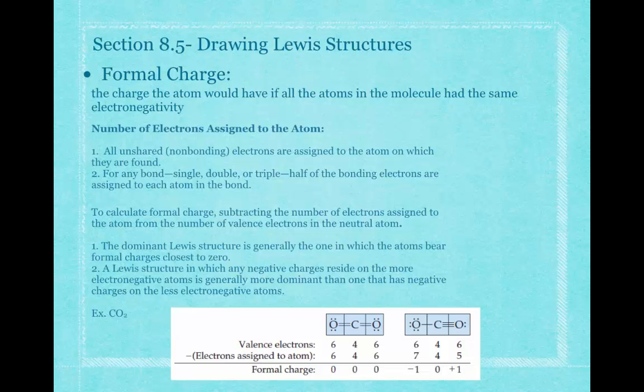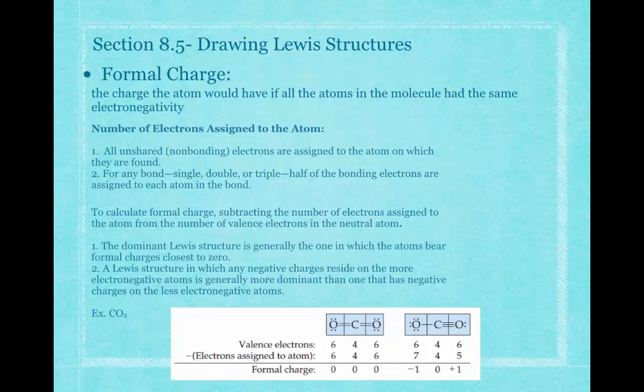To determine the number of electrons that are assigned to the atom, we have 4 electrons that are unshared, and then we have a double bond, which represents just 2 electrons. So I have a total of 6 electrons that are assigned to the atom. So my formal charge, once I subtract the electrons assigned to the atom from the valence electrons, would be 0.